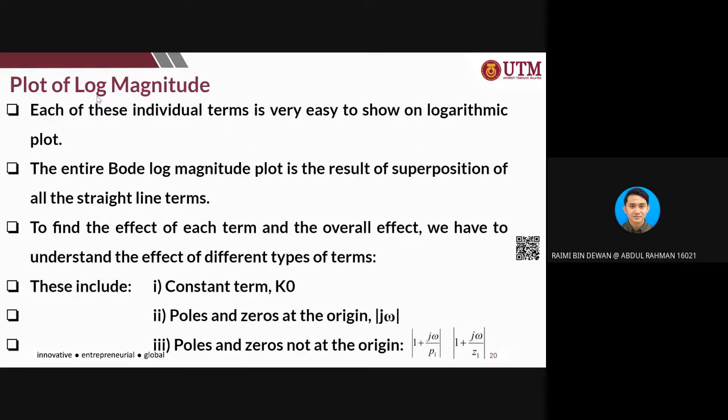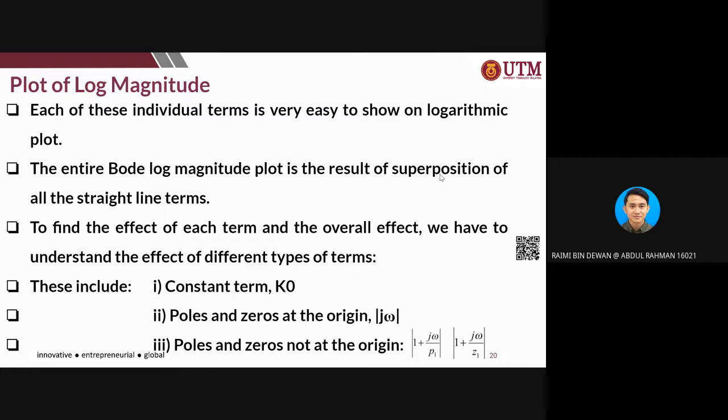Plot of log magnitude. Each of these individual terms is very easy to show on a logarithmic plot. They call it logarithmic because it's in a log scale. The entire Bode log magnitude plot is the result of superposition of all the straight line terms.